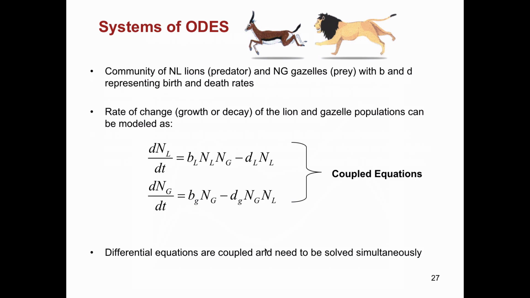Basically, if I have a number of lions, the change in the number of lions depends both on the number of lions and the number of whatever it is that they eat. In this case, it's a simple system of just gazelles, right? And in the system that has only lions and gazelles, nothing kills lions.